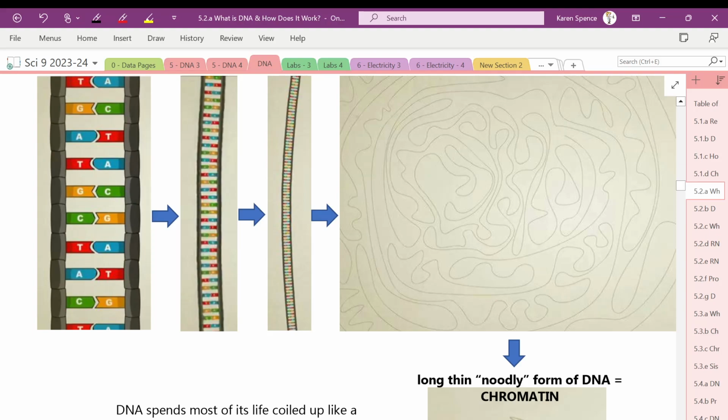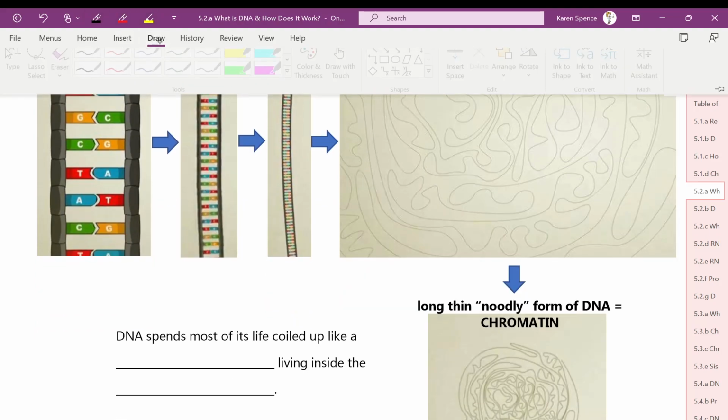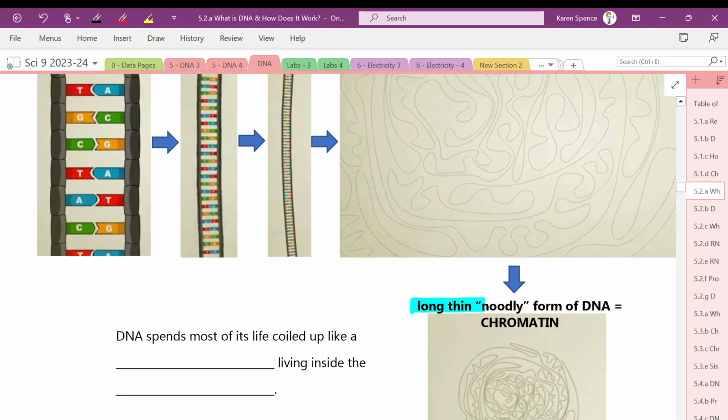This long, thin, noodly form, I love the word noodly. I'm sorry, I'm going to say it a lot because noodly is just a great word. It means like a noodle, noodly. The long, thin, noodly form of DNA is called chromatin. And guess what? This is going to be a vocab word.